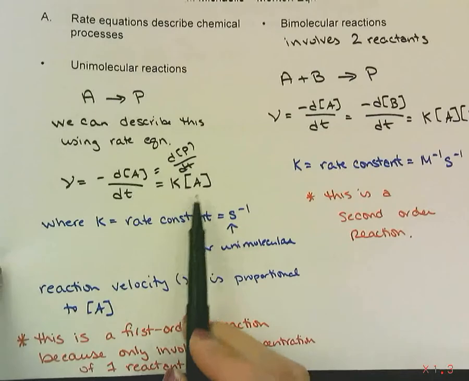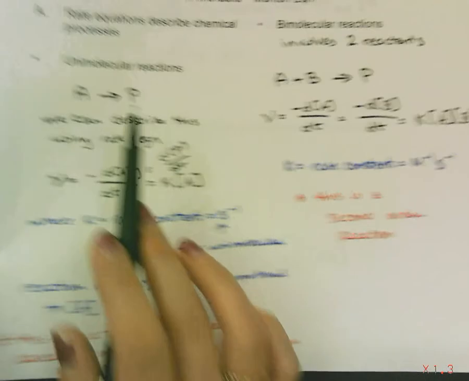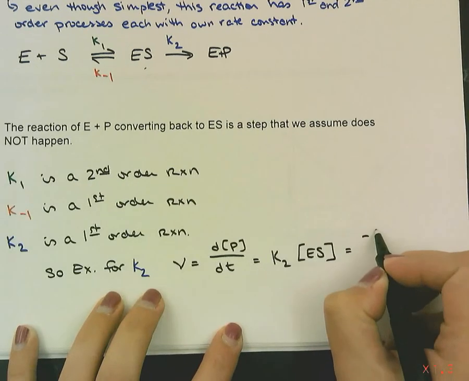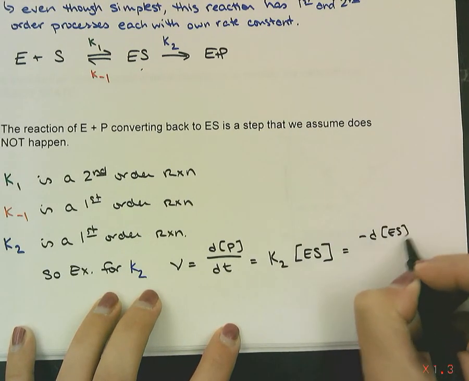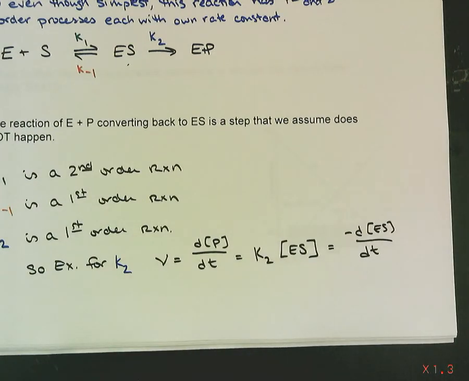But the rate equation is based on the reactant. So I can do that both ways. That would also be true. The disappearance of the enzyme substrate complex. Disappearance is not a good word in this case because the enzyme is not really disappearing. So, anyway.